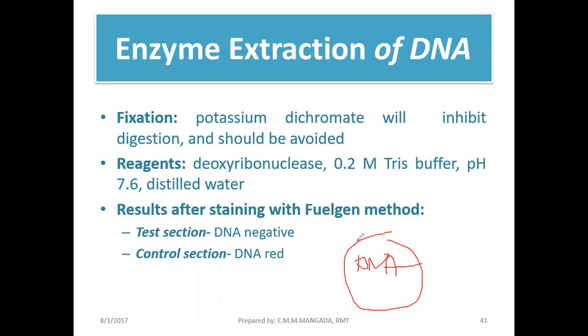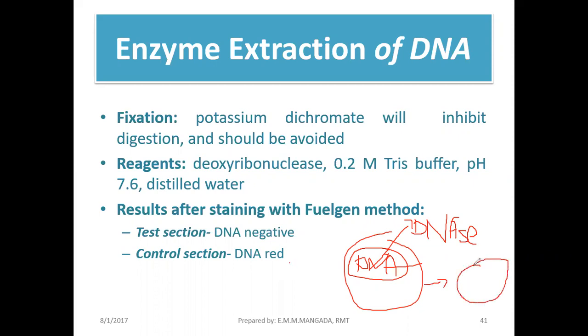So we're going to remove or extract this DNA using now your deoxyribonuclease or yung tinatawag nating DNase. So the reagent is your deoxyribonuclease, 0.2 molar of tris buffer at the pH of 7.6 and distilled water. So pag nag-apply tayo nung DNase ninyo, the DNA in this cell will be extracted. Tama? So mawawala siya dyan.